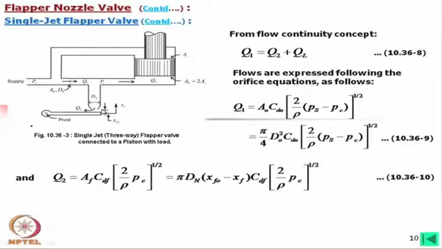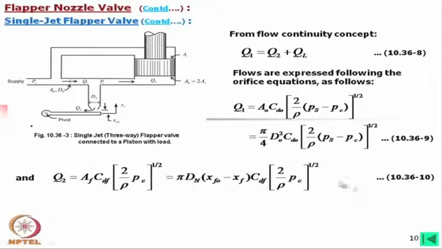This may be drawn in a wide way. dn is the diameter of this orifice, not this diameter. So, pi dn, this periphery, into the curtain height will give us the orifice area here.